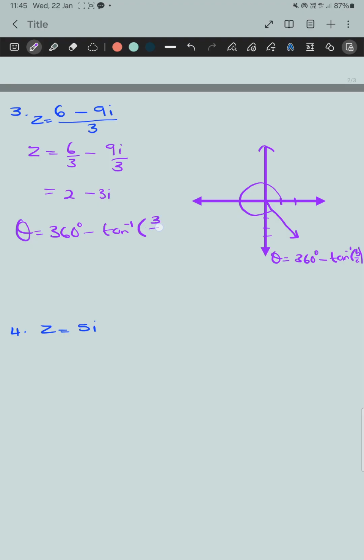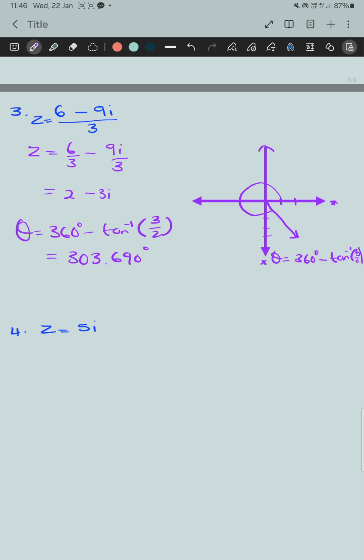My B is 3, my A is 2. And that gives me an answer of 303.690 degrees, which makes sense again. My angle must be between 270 and 360, making 303.690 make perfect sense.